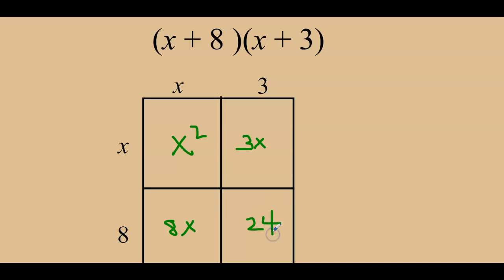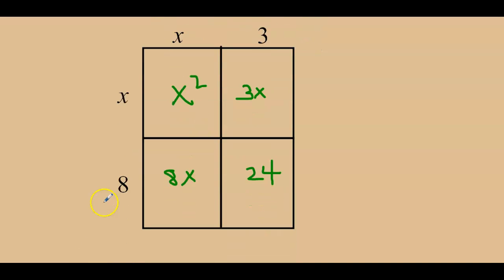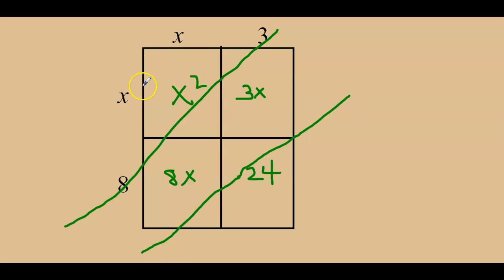When you set it up and do it the area method, here's one thing that you'll notice. If I draw diagonals, you'll see that here's my x squared. And in here will be my two like terms. So here's where I'm going to have my 11x.